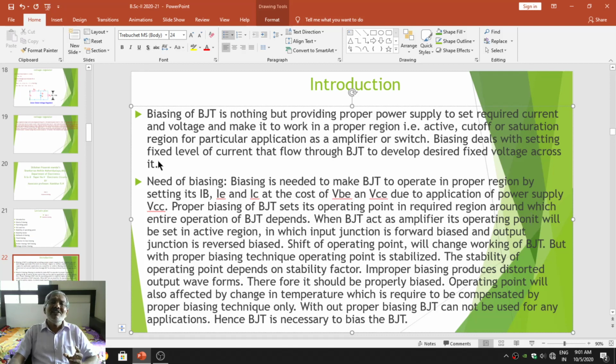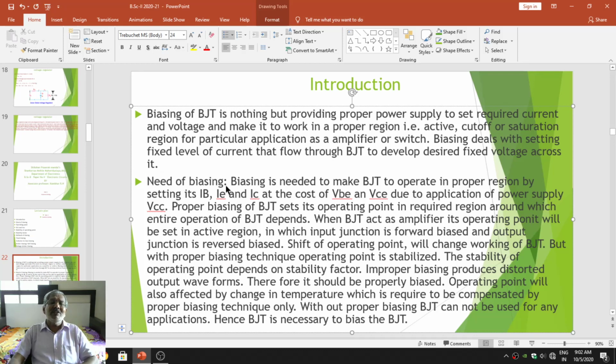To provide these particular fixed voltages by allowing a required amount of current to pass through it, we have to apply the necessary power supply of proper magnitude and proper polarity, and this method of connecting the proper power supply is known as biasing of BJT.